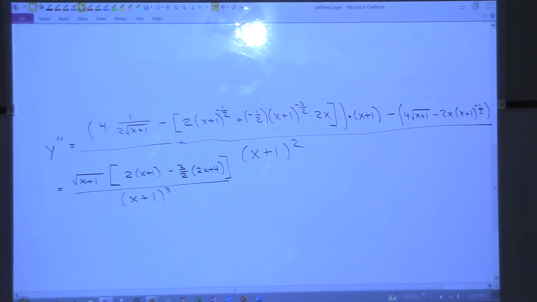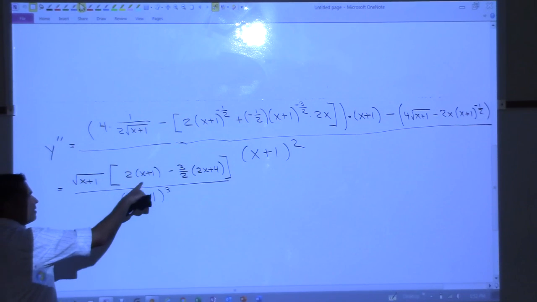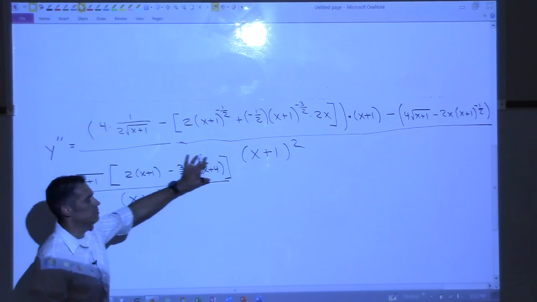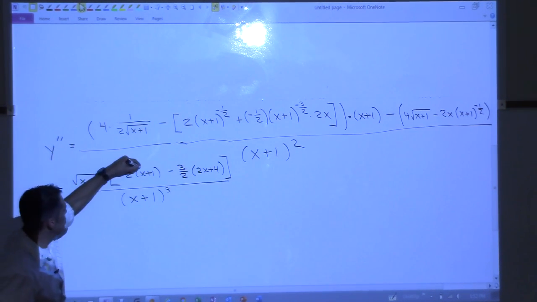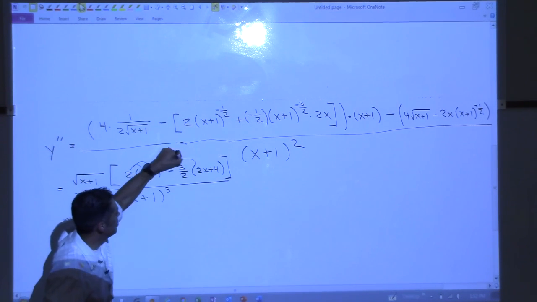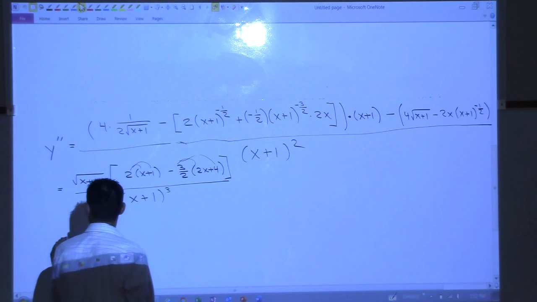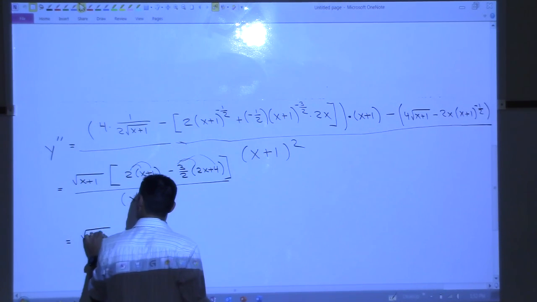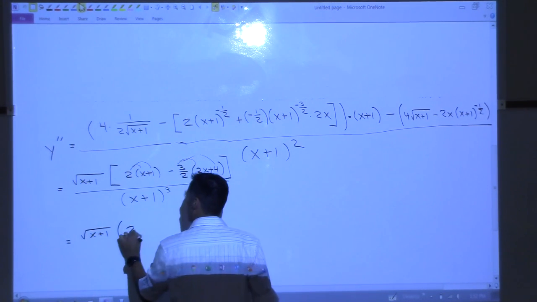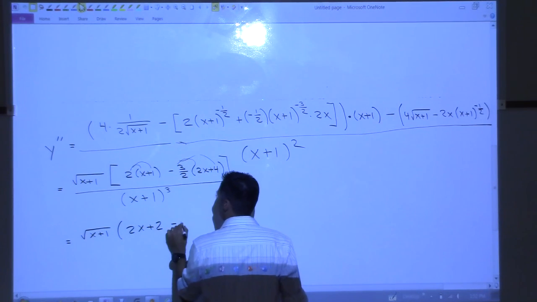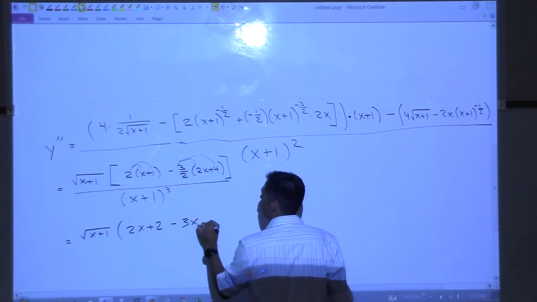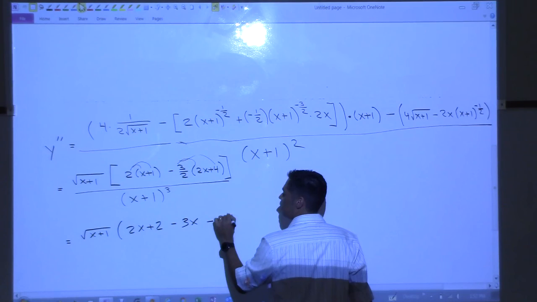Okay. All right, so before I do anything here, let's clean this up, because this is actually not that bad. We can distribute 2 through, right? We can distribute 3 halves through. And like everything's going to be nice up there. So we have square root of x plus 1, and then 2x plus 2 minus 3x minus 6, right?